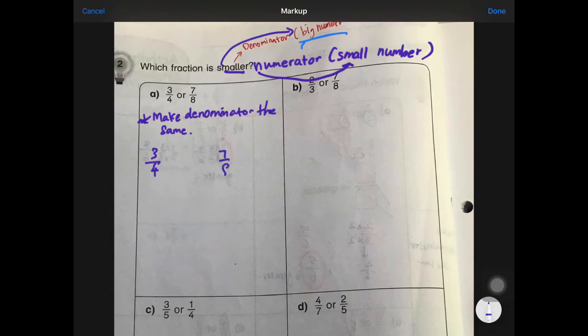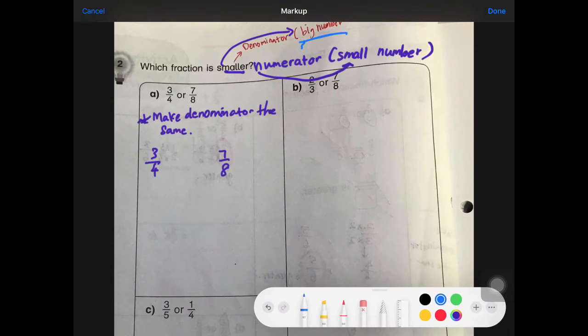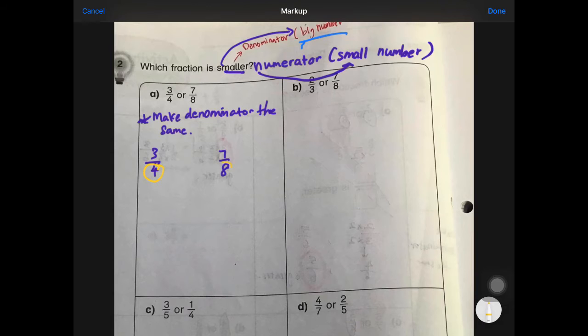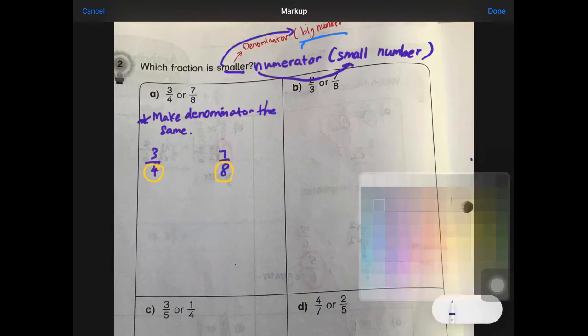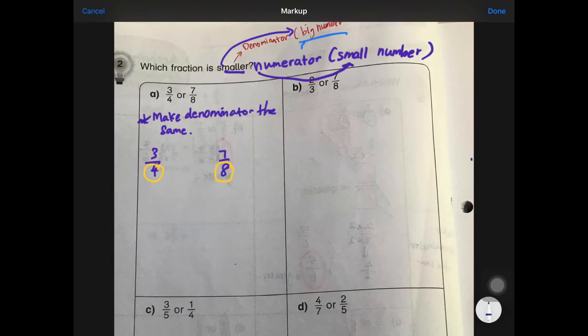So how do I make them the same? Choose what number they can both have. Both will have 4 times 8 and 8 times 4. Why?